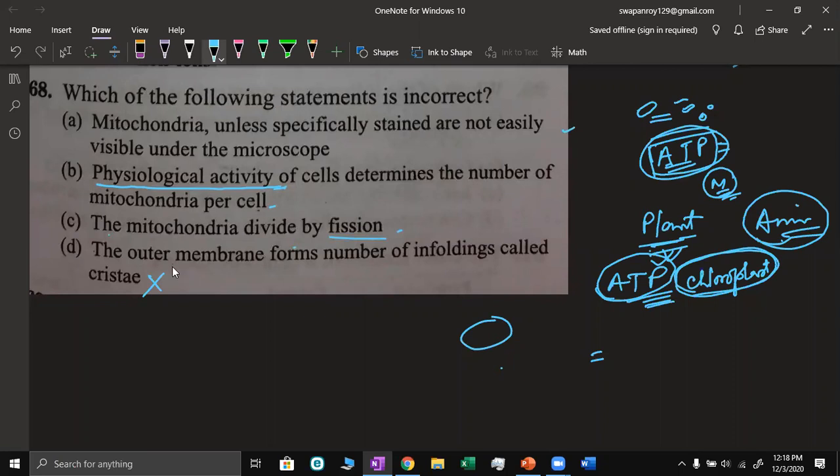And this one is wrong because not the outer membrane, it is the inner membrane that creates the cristae. So the answer is this one.